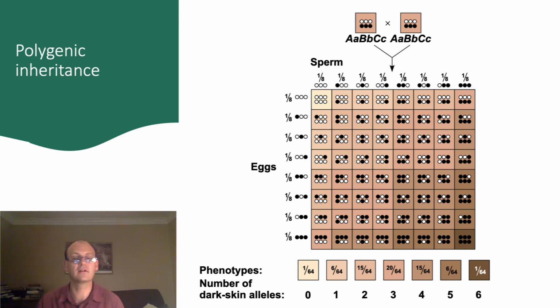The uppercase allele contributes to melanin deposition, and the lowercase recessive allele does not.